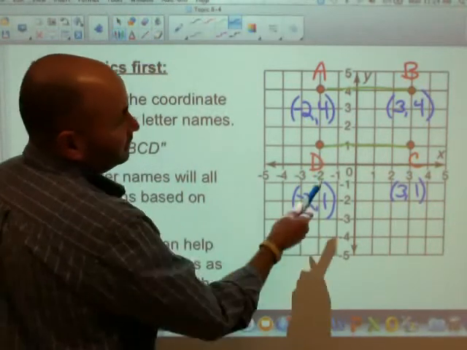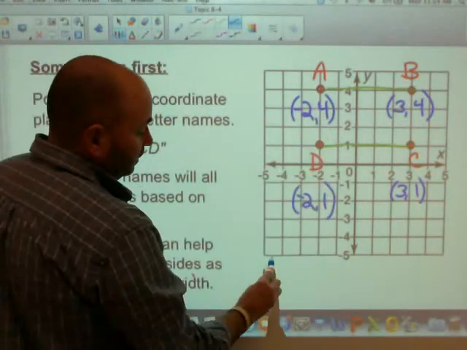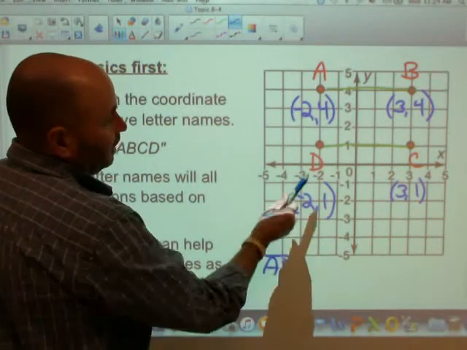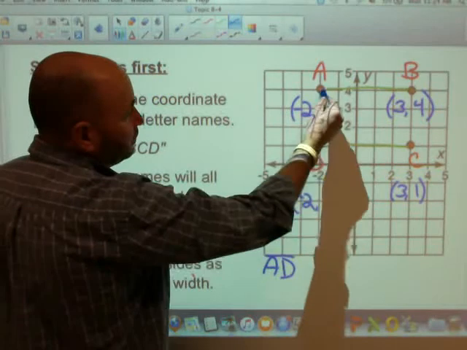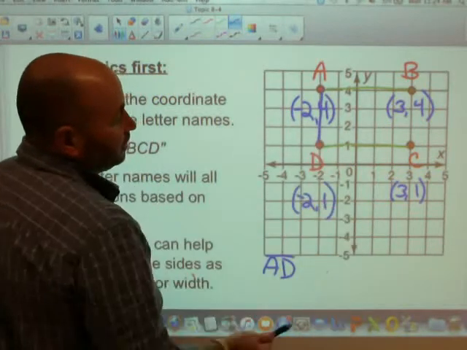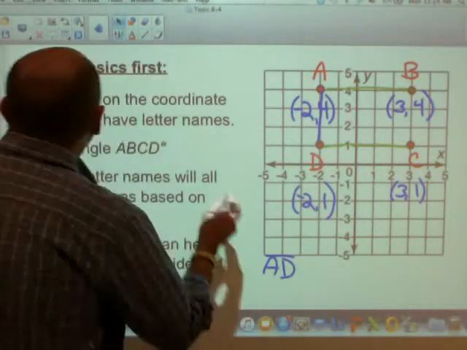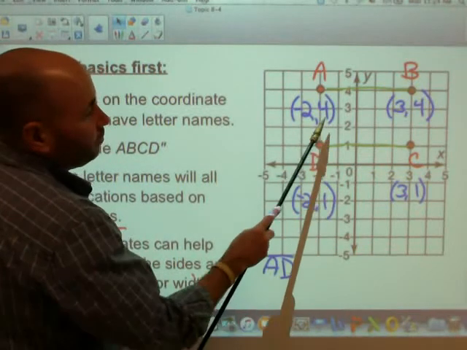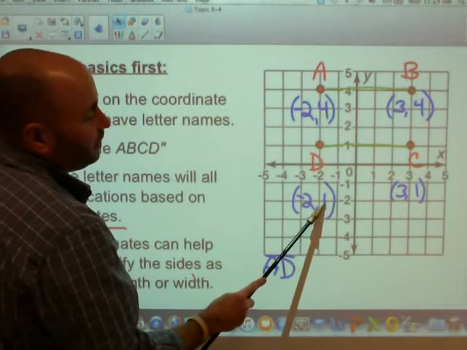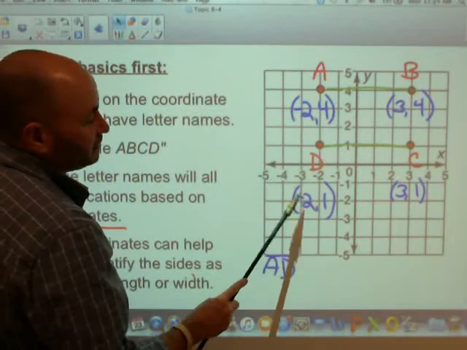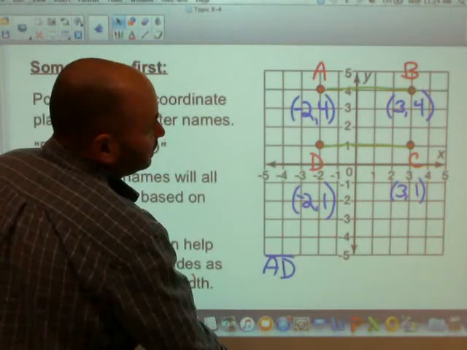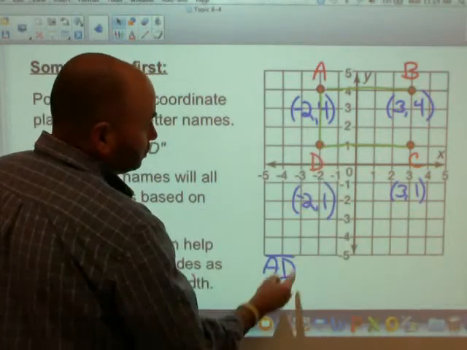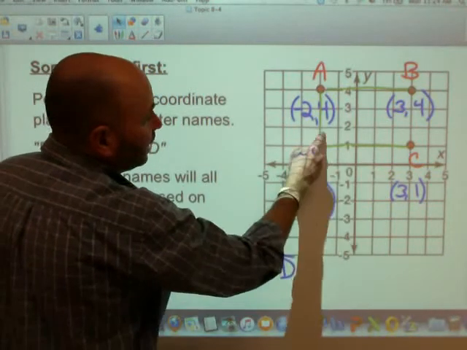Now, interestingly, if you look at line segment AD from here to there, you'll notice that those two coordinates no longer share a y value, they share an x value, which means that they are going to run parallel with the y-axis.